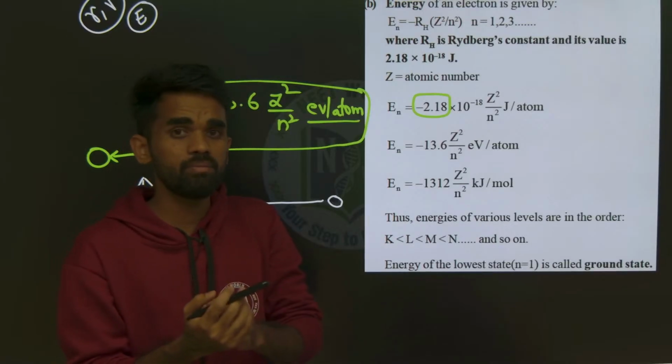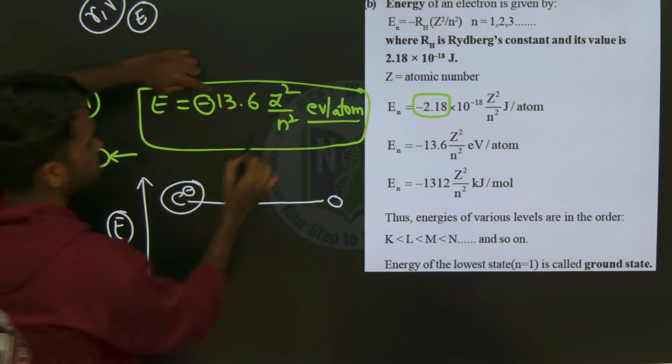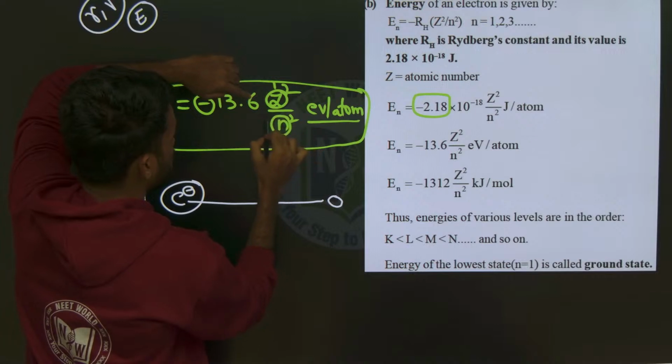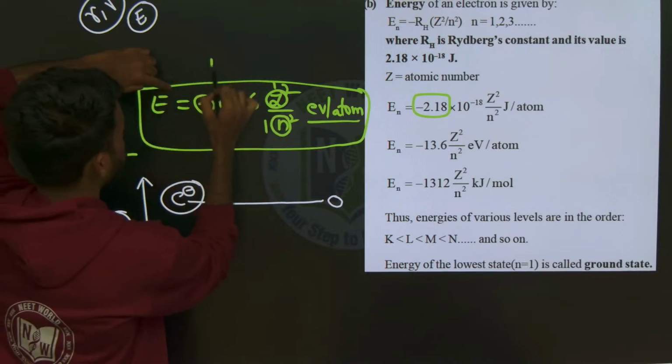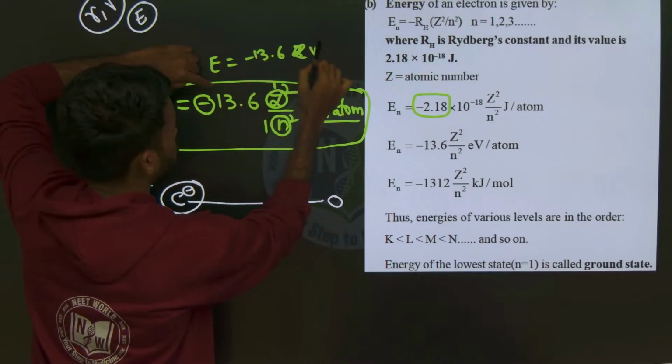That means in the hydrogen atom, atomic number is 1, and in the first shell, n value is also 1. So energy will be equal to how much now? Minus 13.6 Z square electron volt per atom.